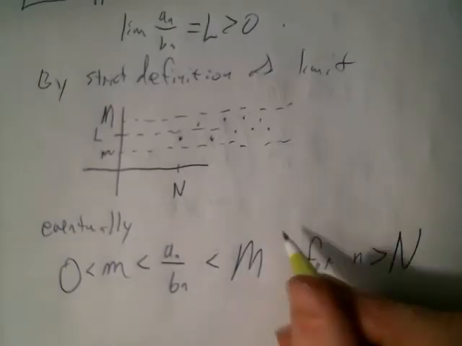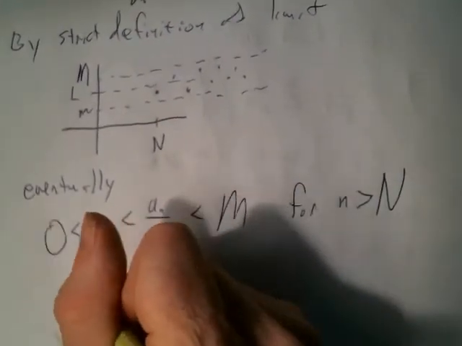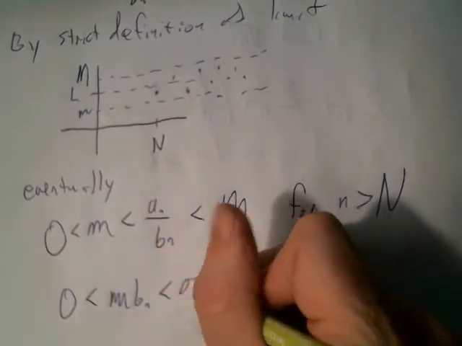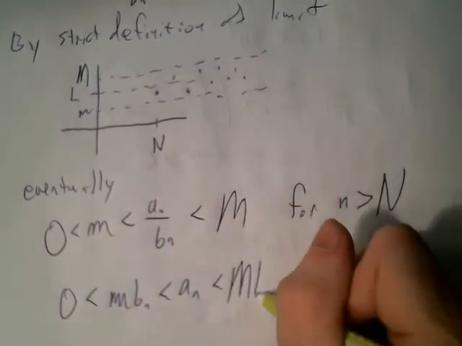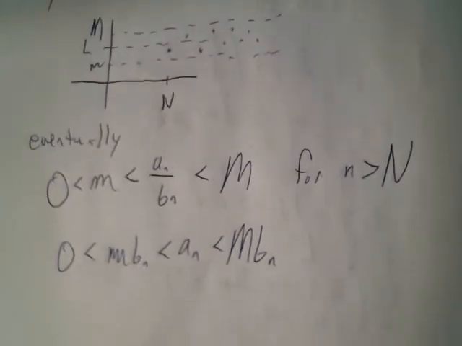All right, so multiply all three sides by b sub n. So I get 0 less than m times b sub n, which is less than a sub n, which is less than big M times b sub n. And what's happening here is we're setting ourselves up for the direct comparison test.